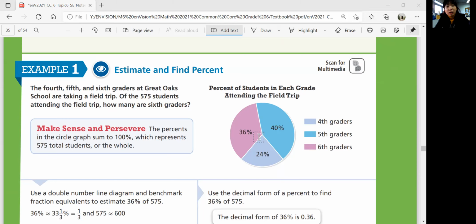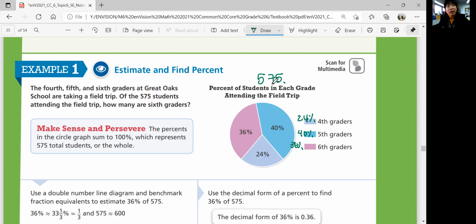So look at this pie chart. We got 36% of 6th graders, 40% of 5th graders, 24% of 4th graders. So how many are 6th graders using the percentage shown? You know that the total students are 575.